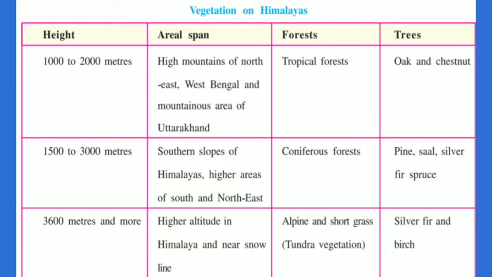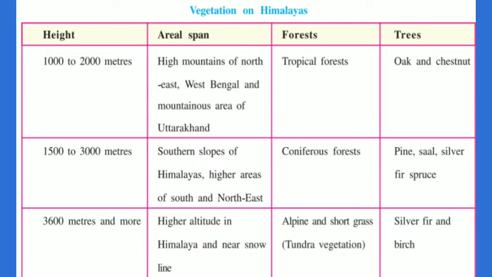Second one, that is altitude 1500 to 3000 meters in Himalayas. Area, that is southern slopes of Himalayas, higher area of south and northeast. Forest, coniferous forest, and the trees are pine, sal, silver fir, spruce, cedar, etc. Next one, third point, that is 3600 meters and more.